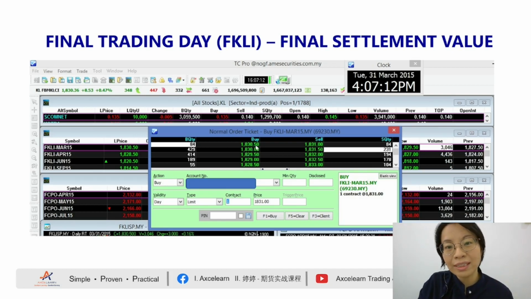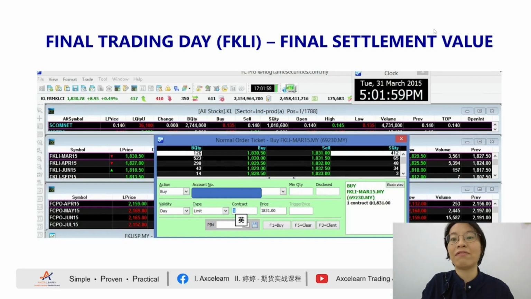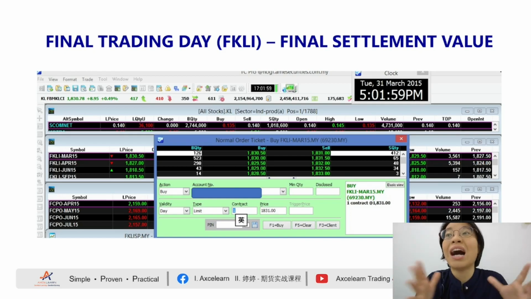So if you look at this buyer and the seller, 30.5, 31, this is the first method. You can roughly gauge that the market is going to settle at 30.5 or 31. And the best time to look at it is, let's say, at 5:01. Because the market already closed, your final settlement already finished calculating.